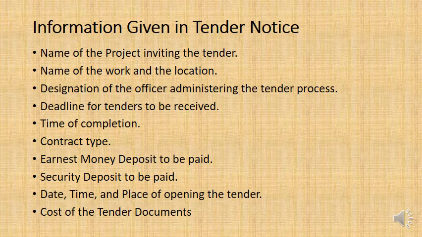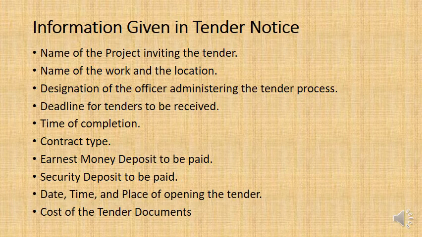You also need to, in the tender documentation, there would also be a time of completion, a date that is expected for you to finish the work. Also a time of beginning the work too will often be given.